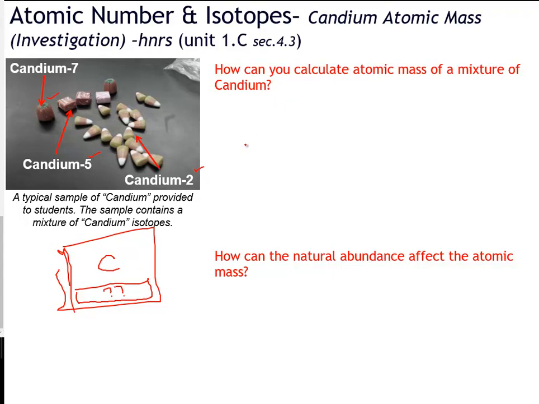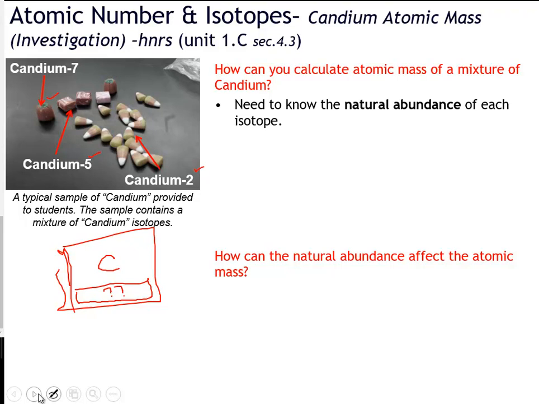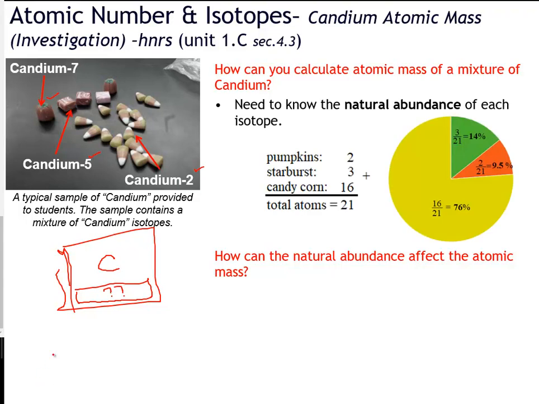Well, first we need to address the natural abundance. As we can see here, there seem to be way more candium-2s present than any other types of isotopes. When we address that as a natural abundance or a relative abundance, we can create percentages out of them.